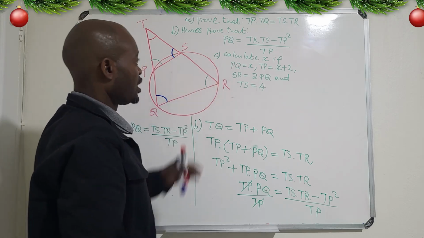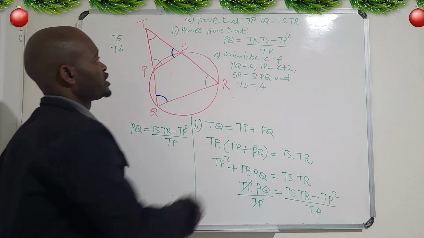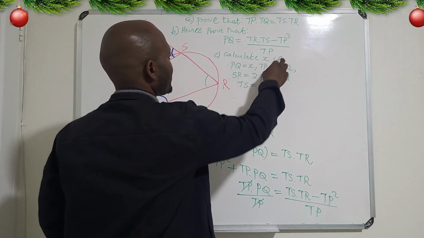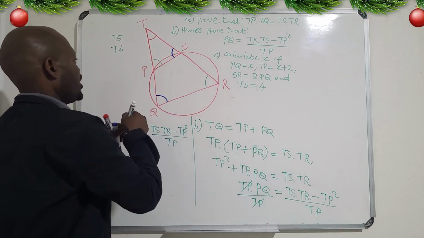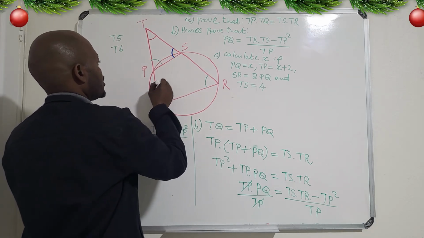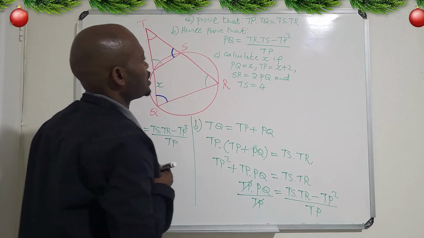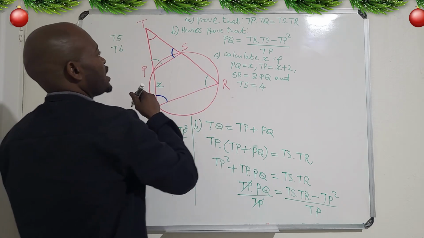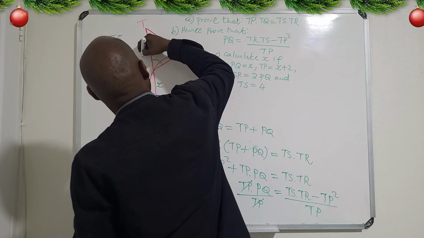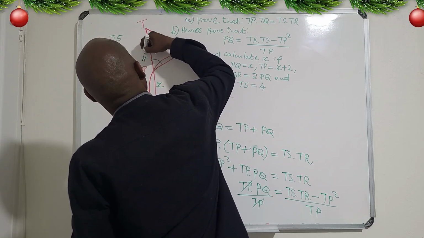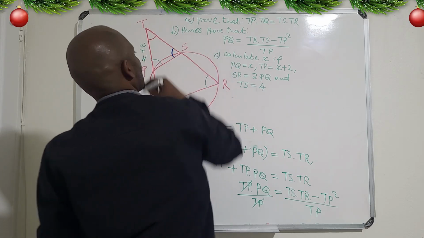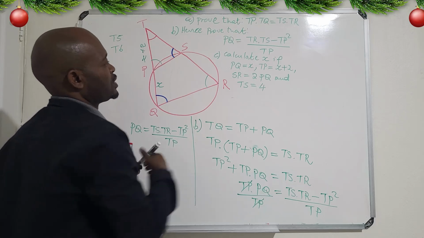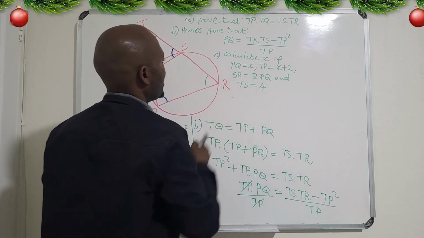C, they said to us we must calculate X if PQ, they say it's X. TP, they say it's X plus 2. That's TP, X plus 2.